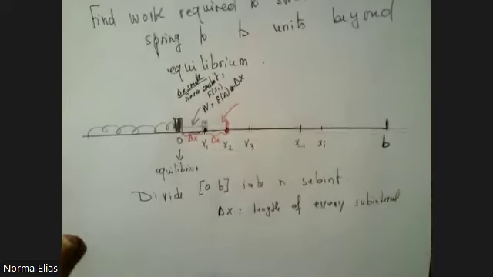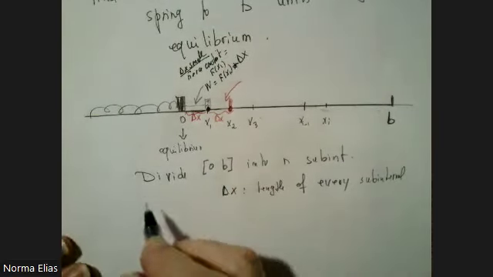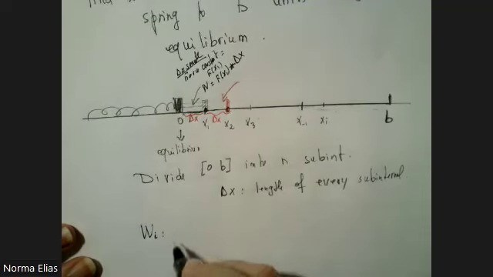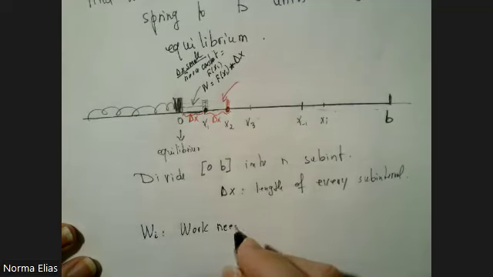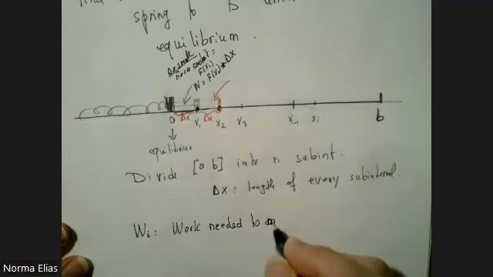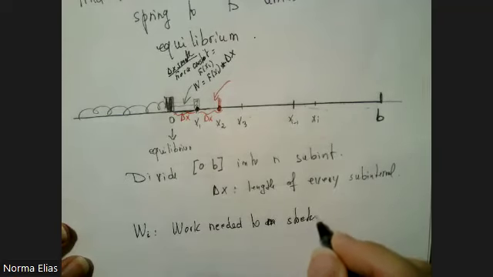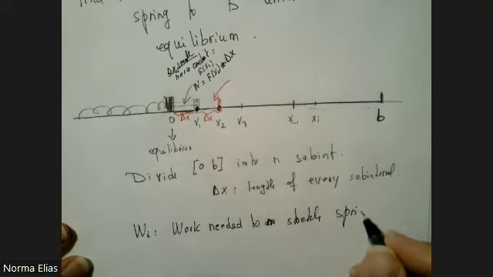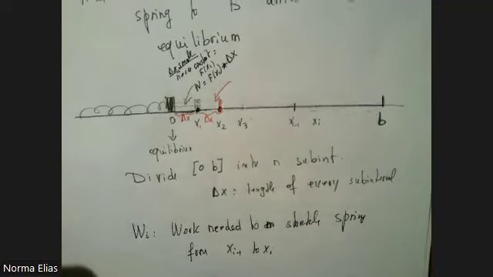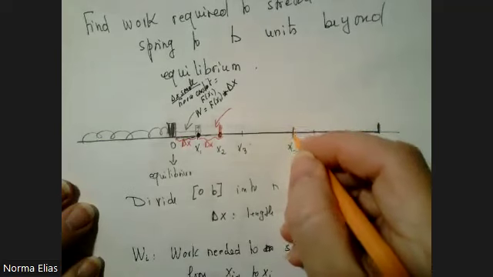So in general, we're going to call Wi the work needed to stretch the spring from xi minus 1 to xi. So now I'm thinking, like we always do, of a typical interval.